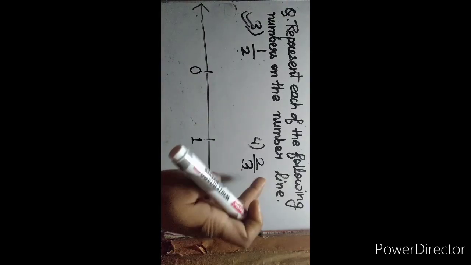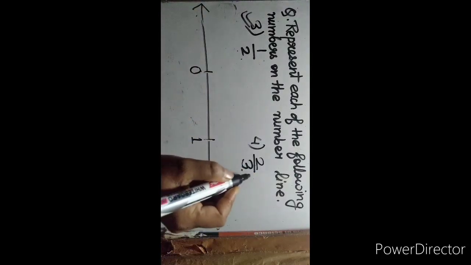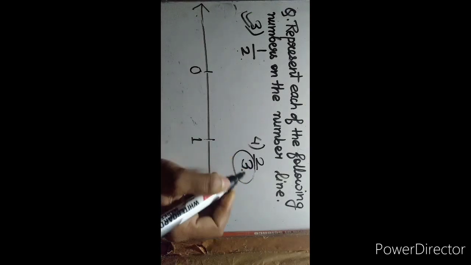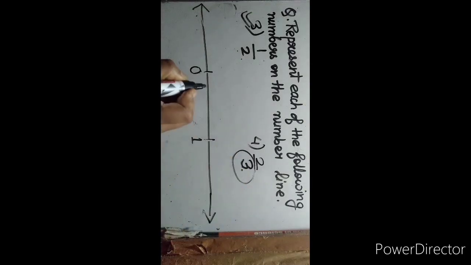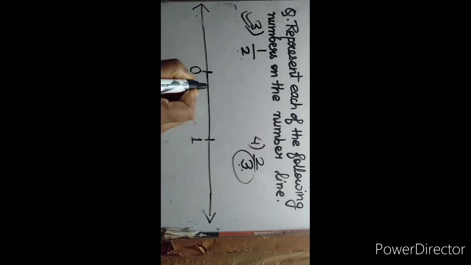Now we have to find 2 by 3. The denominator is 3, so we divide the distance 0 to 1 into 3 equal parts.